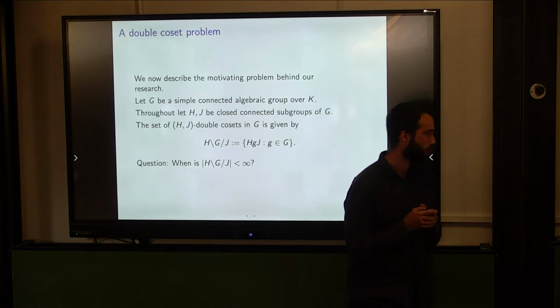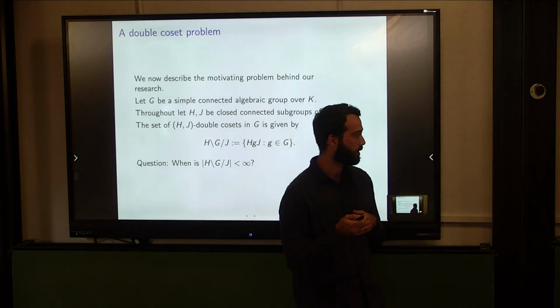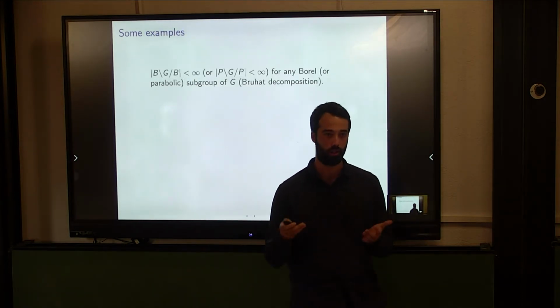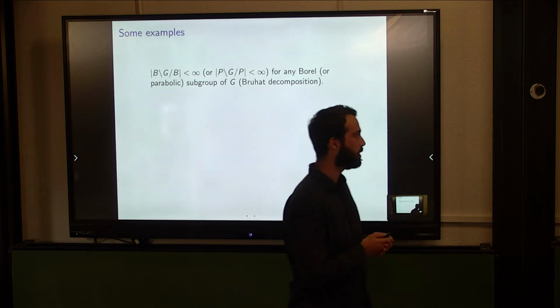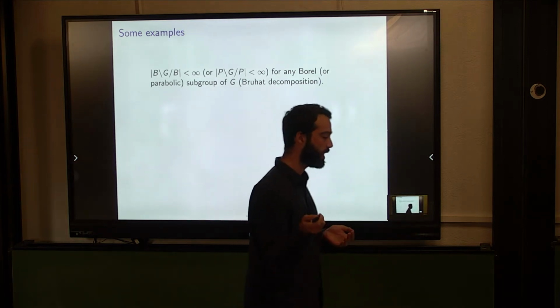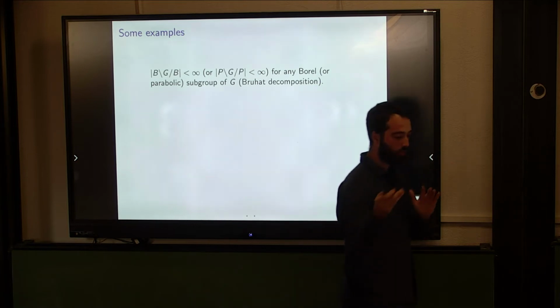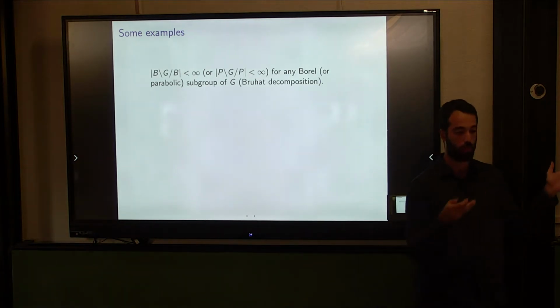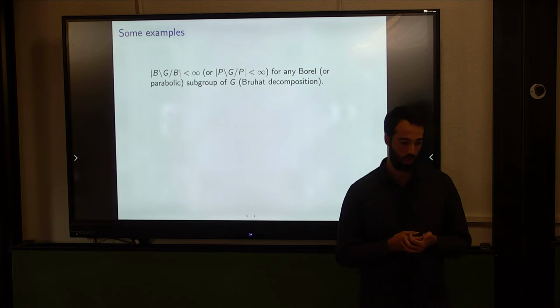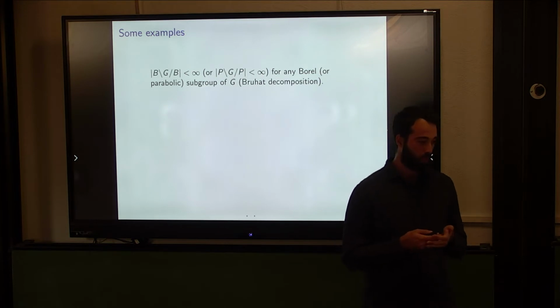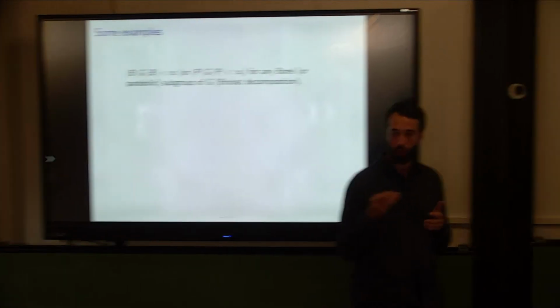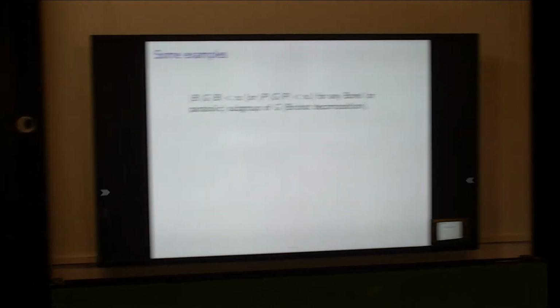Okay, so it's a simple question, and of course there are some situations where the answer is trivial or well known. For example, if H and J are parabolic subgroups, so it could be a minimal parabolic like a Borel, by the Bruhat decomposition, you know that you always have finitely many double cosets.